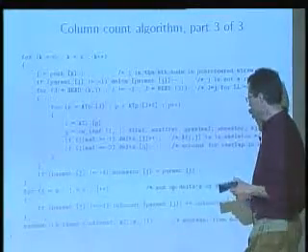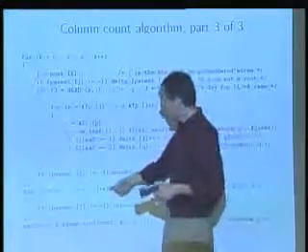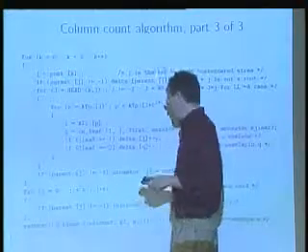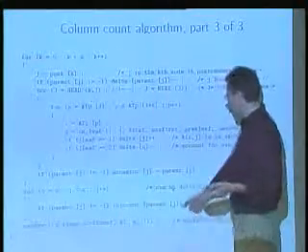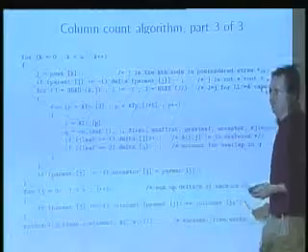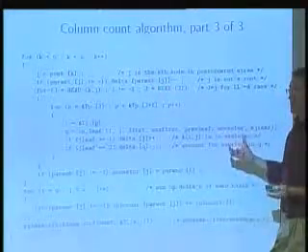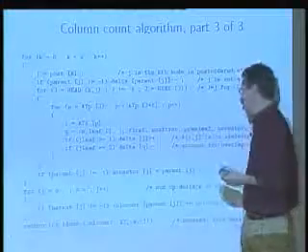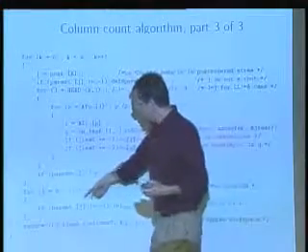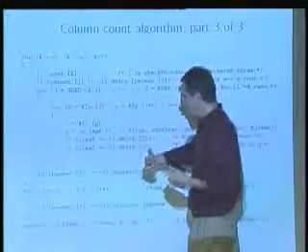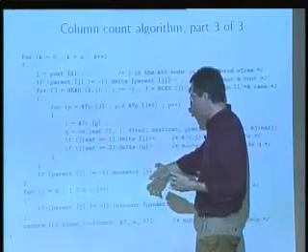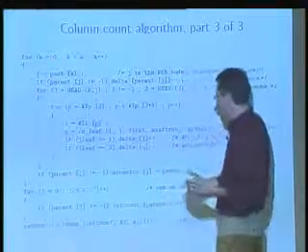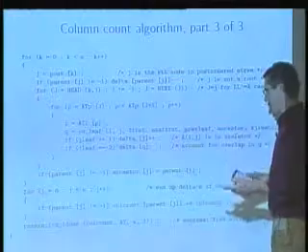And so then all we have to do is walk through the nodes J and compute that summation across all the nodes. So the column count is your delta plus the sum of the column counts of your children. So what I do is I walk through all the nodes, and if I'm at a child, then I've already computed my column count.